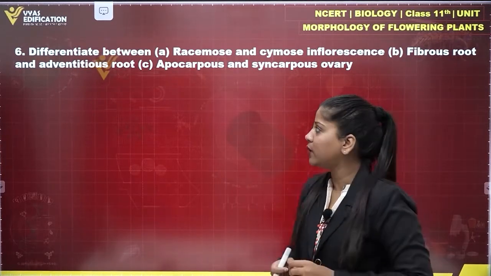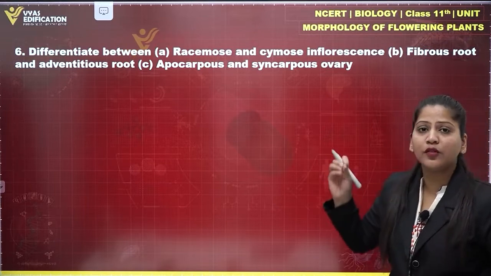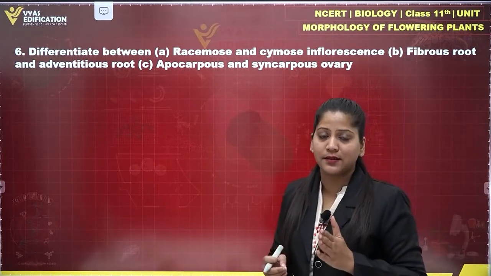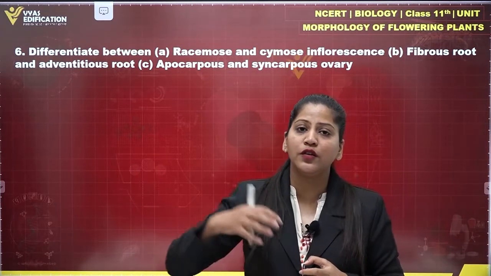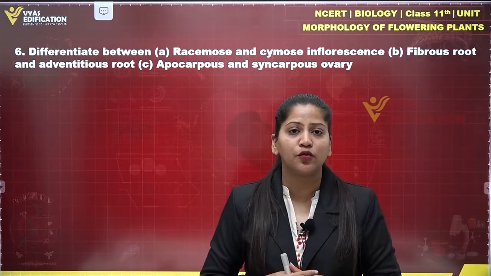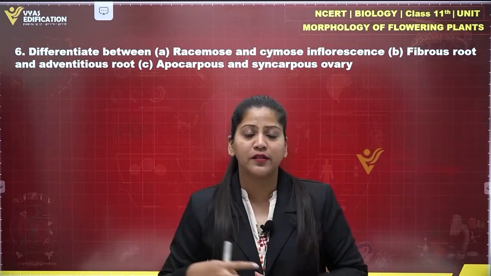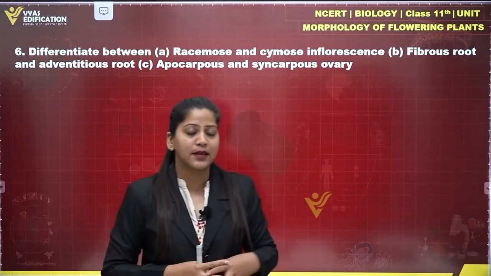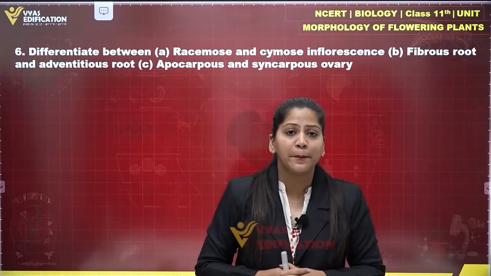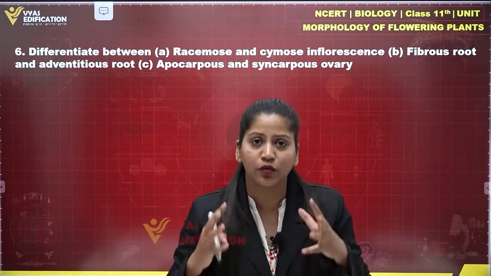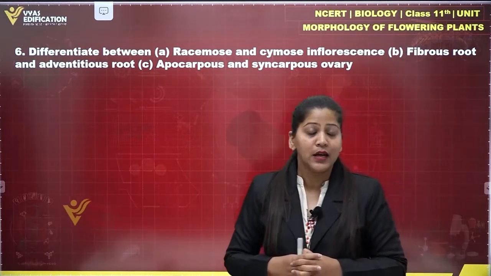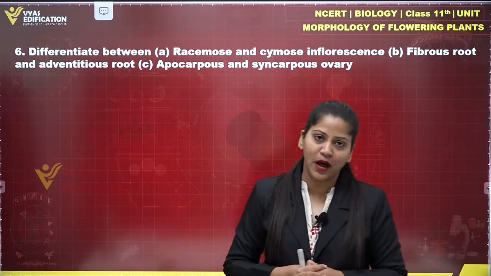In racemose inflorescence, the main axis continues to grow and produces lateral flowers, whereas in cymose inflorescence, the main axis has limited growth and eventually terminates into a flower.